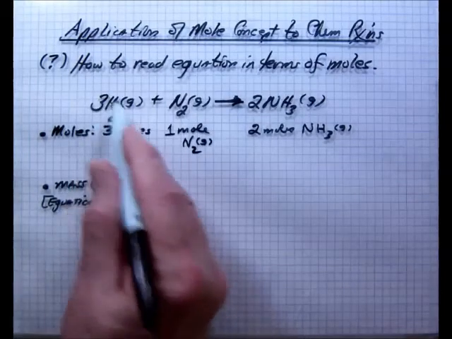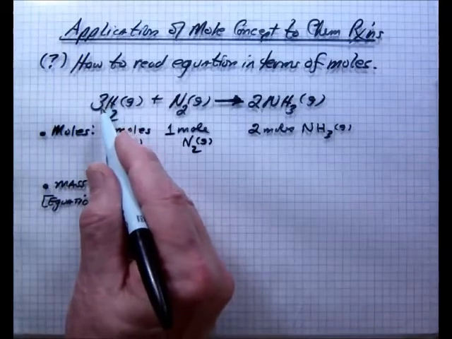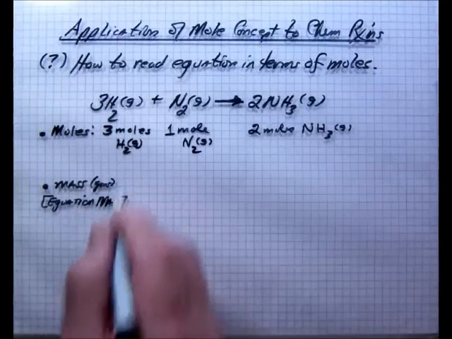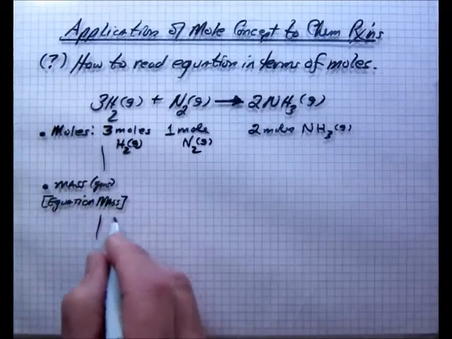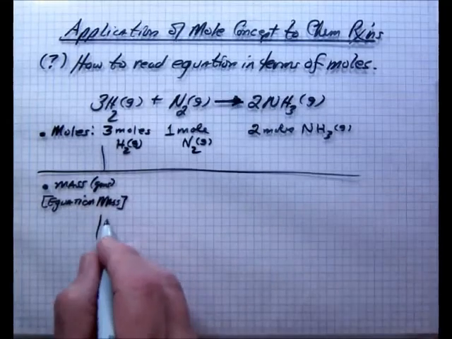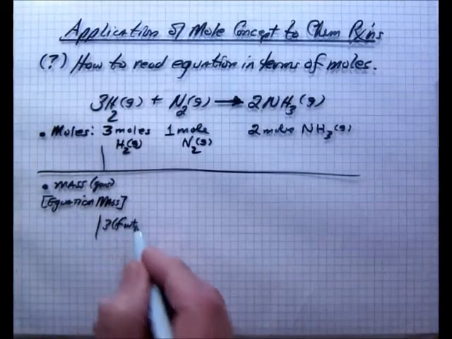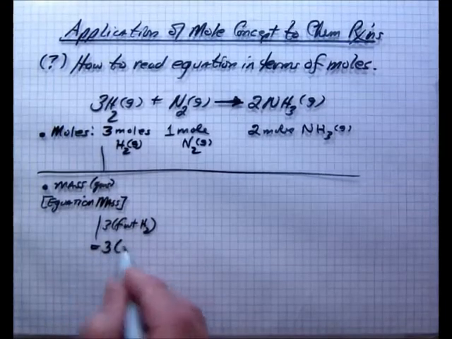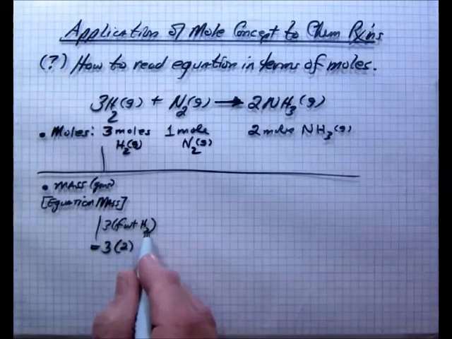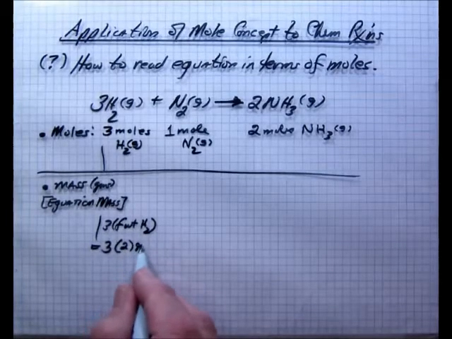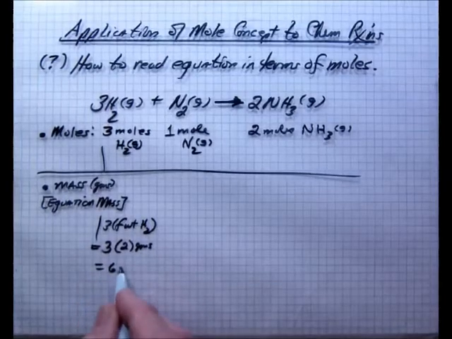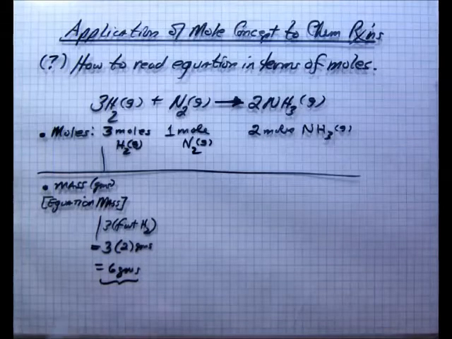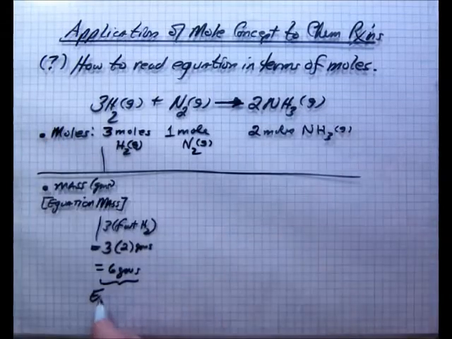If you know that by looking at the equation, the 3 means moles, that's also 3 formula weights. So coming down here, I'll put it right down here for this one. 3 formula weights of H2. Well, of course, that's equal to 3 times 2, 1 for each hydrogen, that's 2, grams. That is 6 grams. That is the equation weight in that equation.